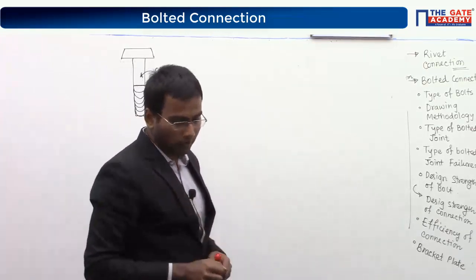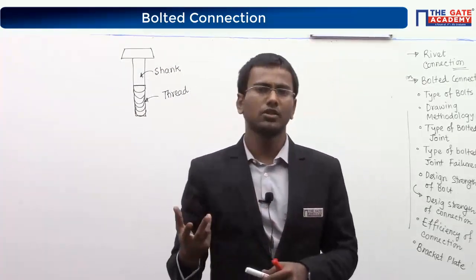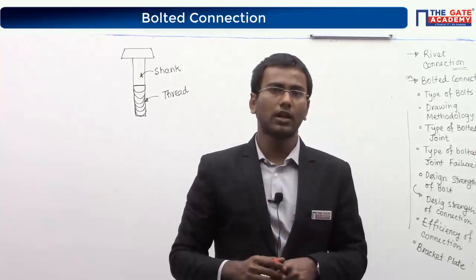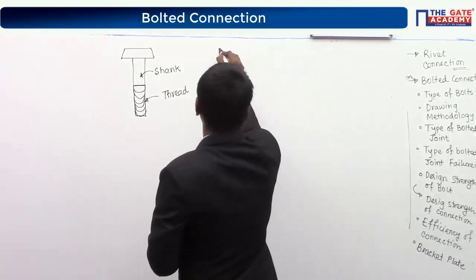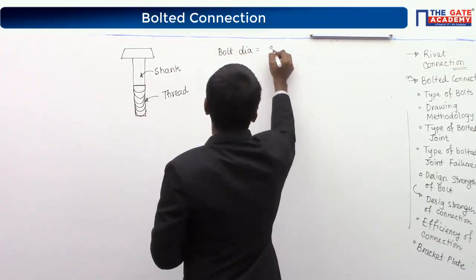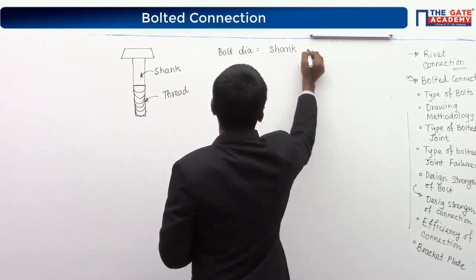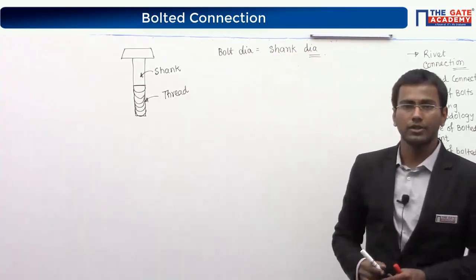Similarly, if I talk about the bolt diameter, suppose in the examination or in the question it is mentioned that the bolt diameter is 12 mm. So bolt diameter means nothing but shank diameter. I repeat, bolt diameter means shank portion diameter.